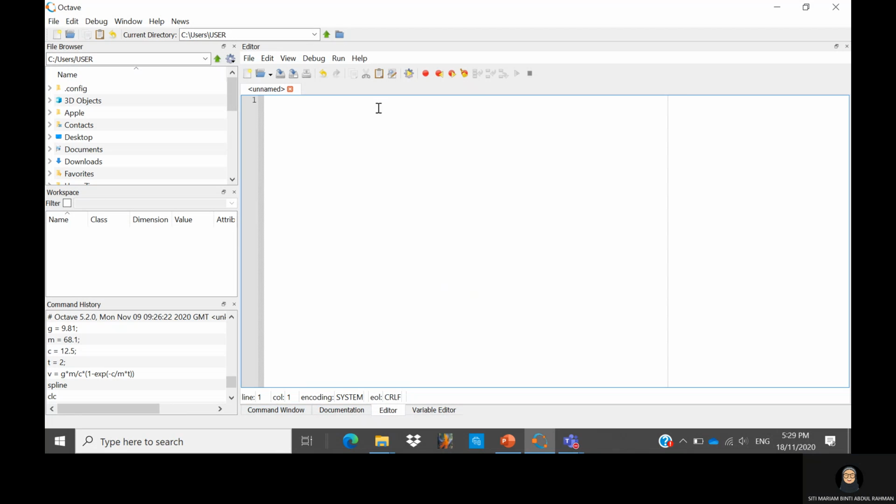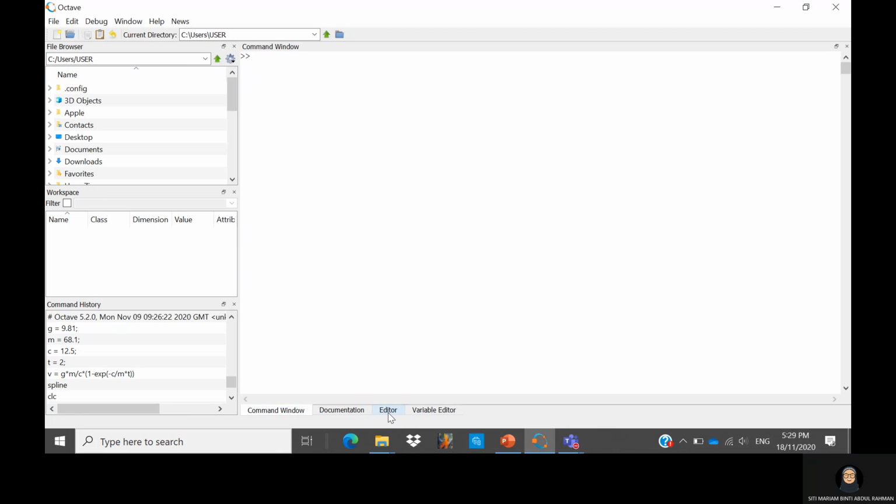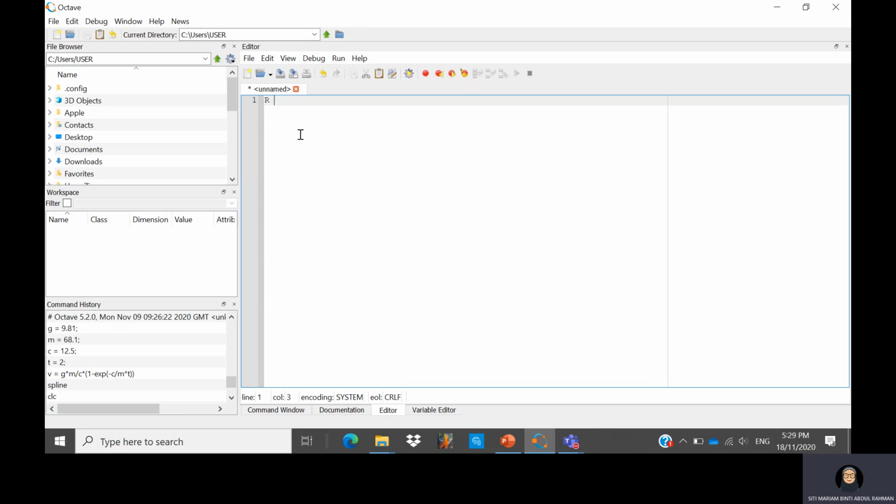You can also go between the command window and the editor if you need to look at the end result of your program. First we're going to key in all the required information. The first information that we have is the radius of the tank, so it is 3 meter.